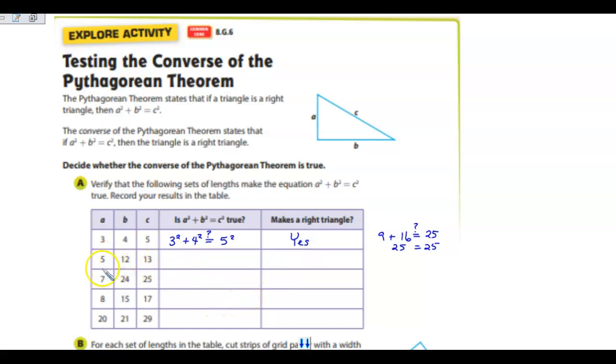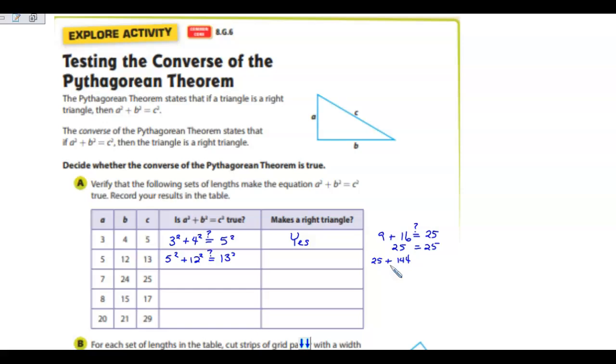My next triangle is 5, 12, and 13. So we have 5 squared plus 12 squared, and they want to know, does it equal 13 squared? So we know 5 squared is 25, and 12 squared is 144.